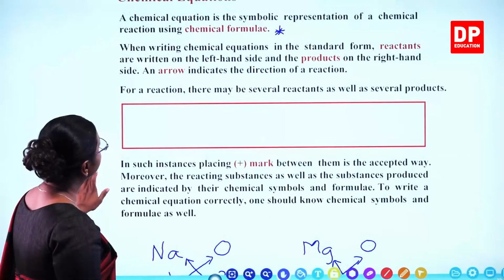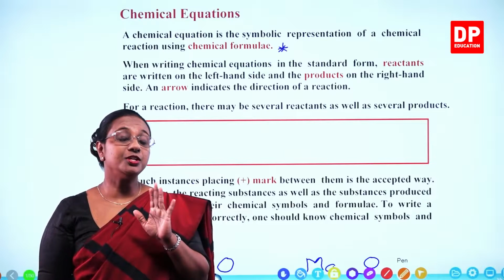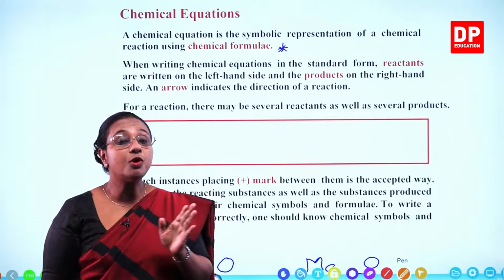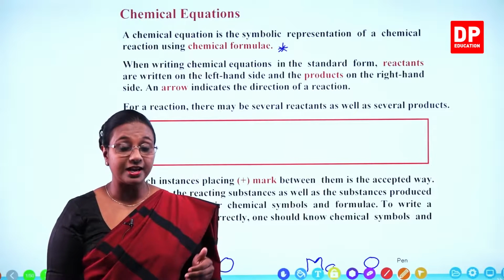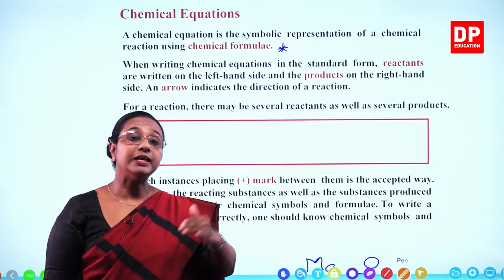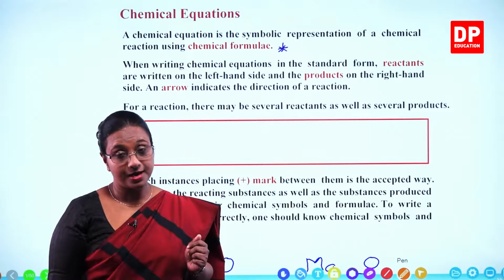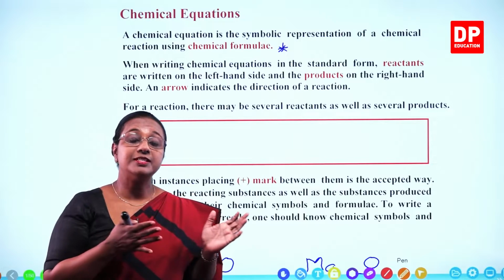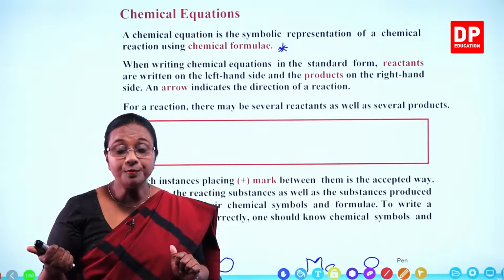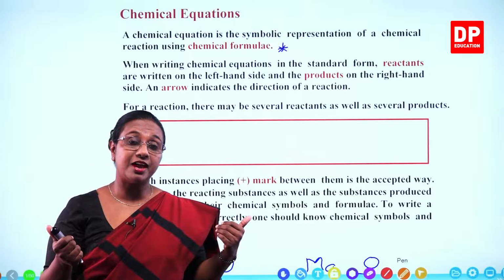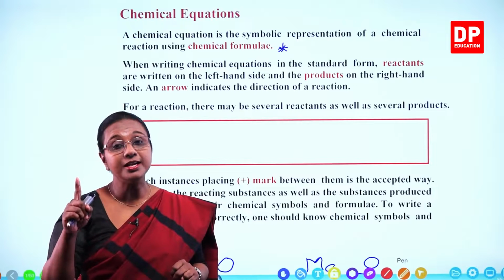So then, if we look at chemical reactions, in a chemical reaction, you all know students, there can be one or more than one reactants. From that, we can get one or more than one products. For example, if we take magnesium and oxygen, two reactants give rise to magnesium oxide. We have seen that reaction before. So that is two reactants and one product.